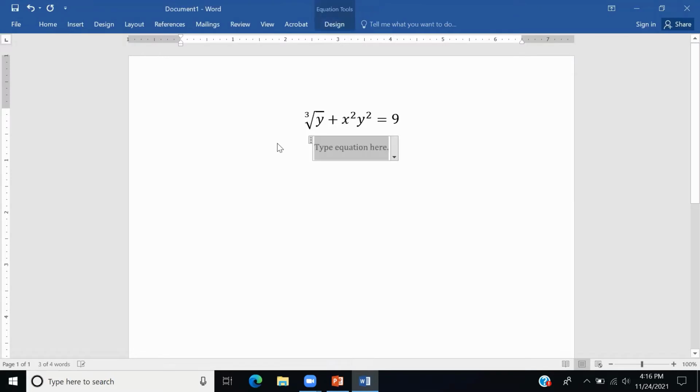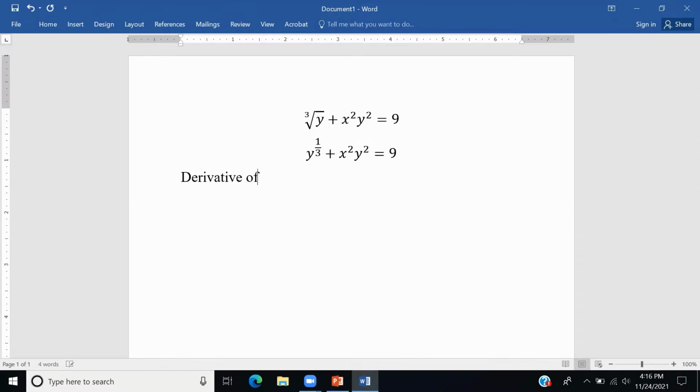The first thing I'll want to do is rewrite the third root of y into exponential form as y to the 1/3, plus x squared y squared equals 9. Then I can take a derivative of both sides.